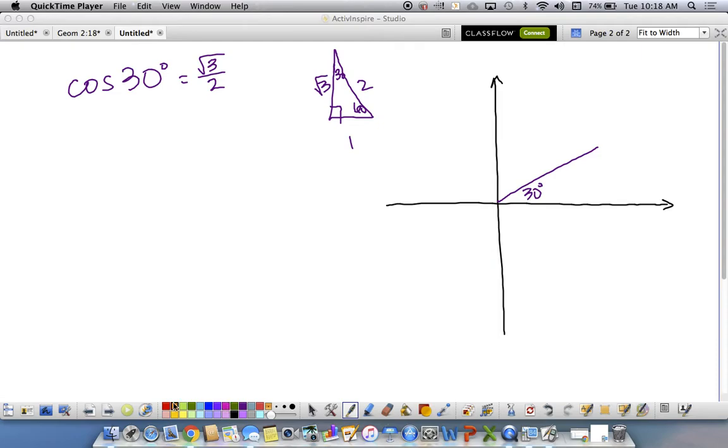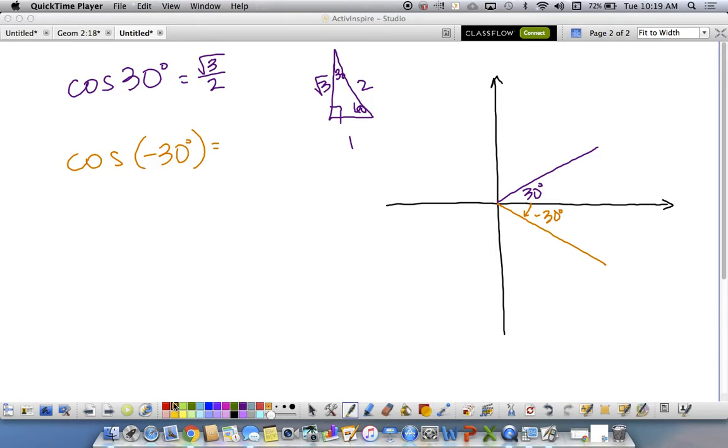What is cosine negative 30 degrees? Which quadrant are we in? Where's negative 30 degrees? Negative means you're just going down. How far? 30 degrees. Which quadrant are we in? Fourth quadrant.